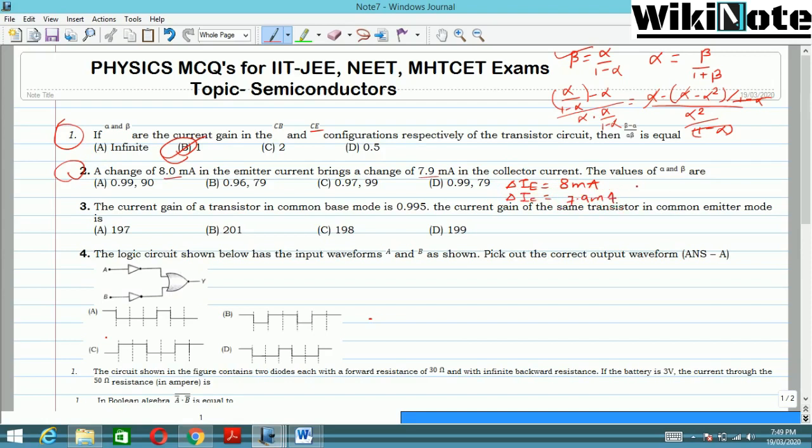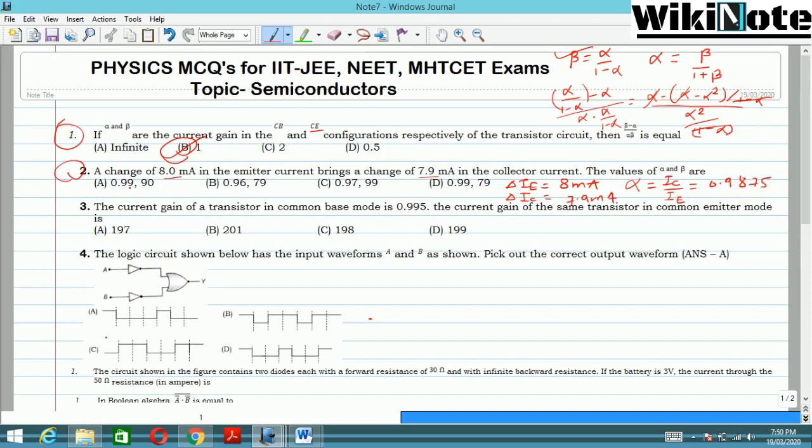So guys, if you look at the values of alpha and beta, from this I will get the value of alpha. The formula for alpha is collector current over emitter current, so alpha is IC upon IE. If you solve this, IC is 7.9 divided by 8 milliamps, and I will get the value 0.9875.